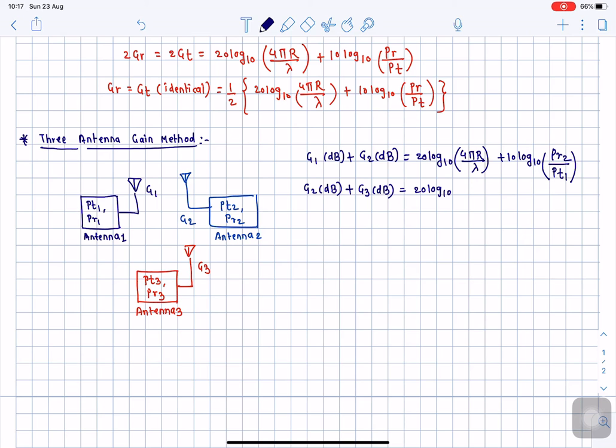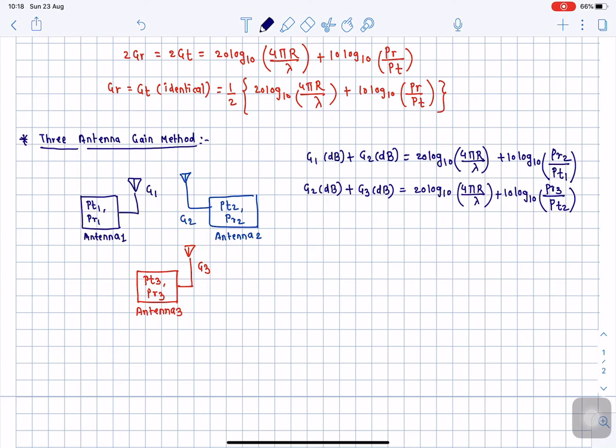We are keeping the second antenna the same, at the same distance, 4 pi r upon lambda. Okay, now here we are going to take a different ratio of power. Now here the receiving antenna is the third antenna, so I will write PR3 divided by the transmitting antenna, the second antenna, PT2.